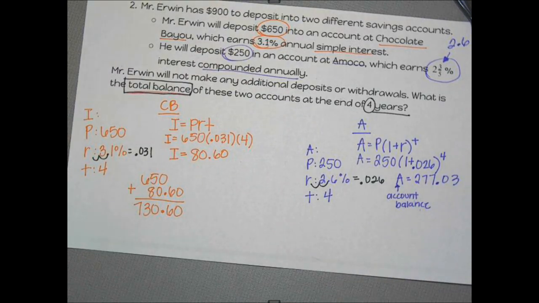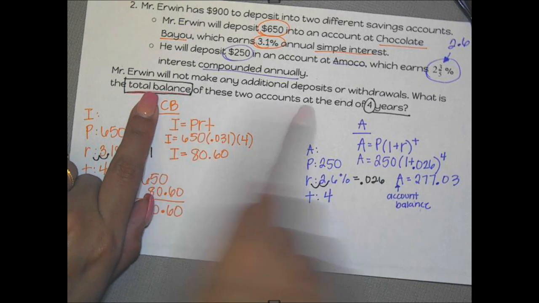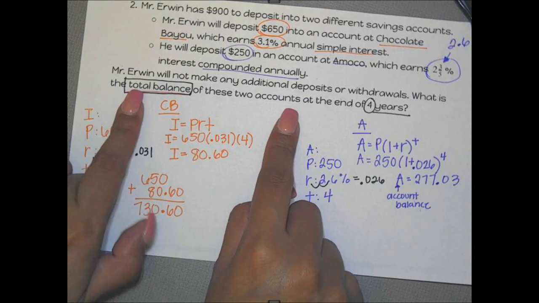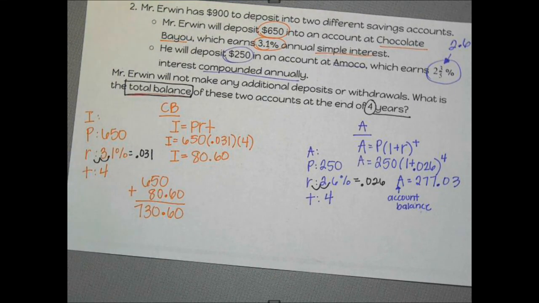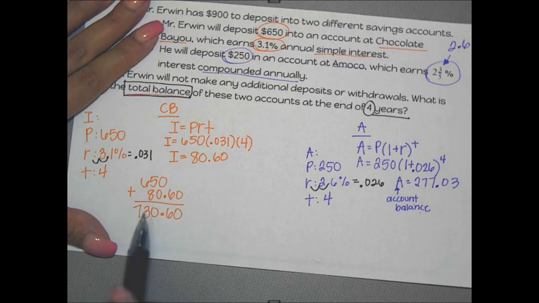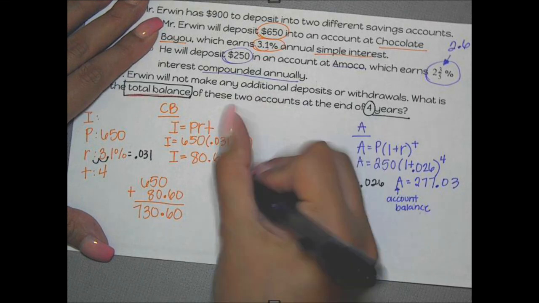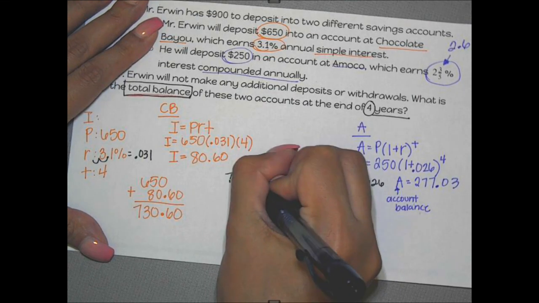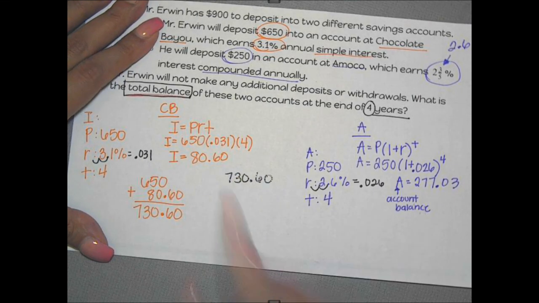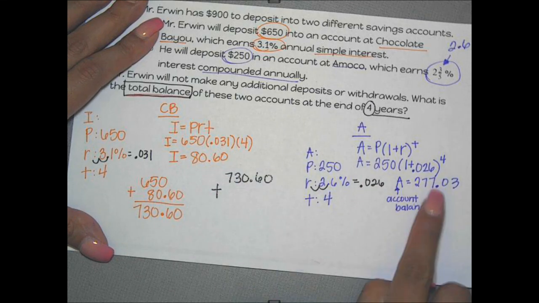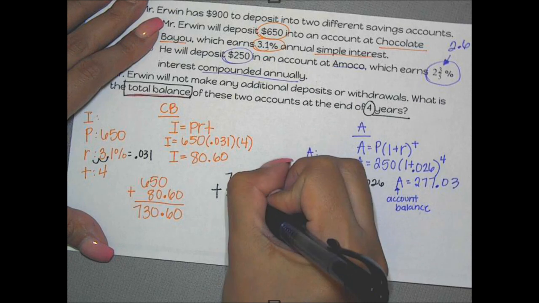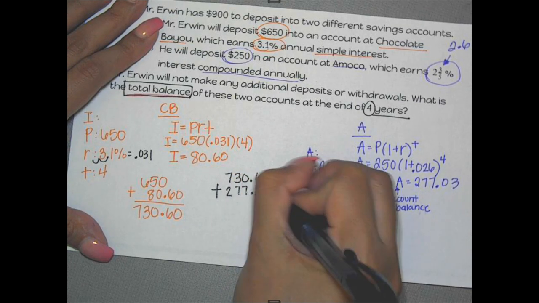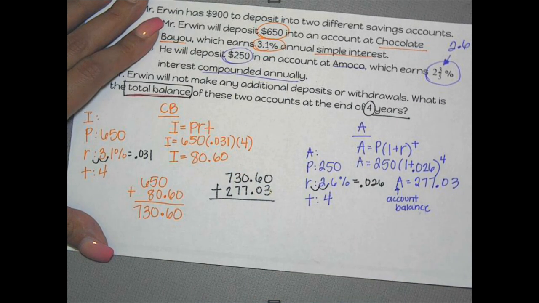Now I'm going to get the total balance of the two. And I need to remember that in math, total tells me that I'm going to go ahead and add. So to get my answer here, I'm going to take my $730.60 from Chocolate Bayou and add it to my Amico account, which had $277.03.